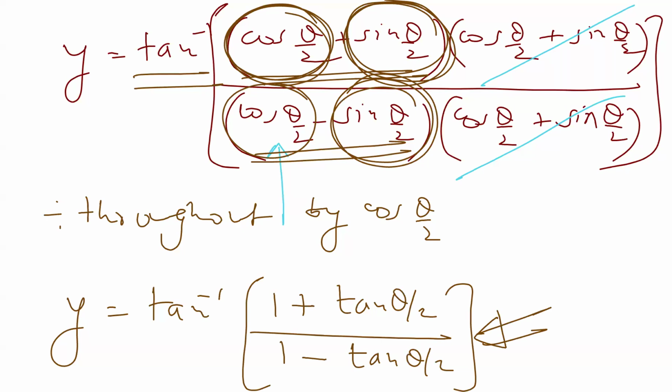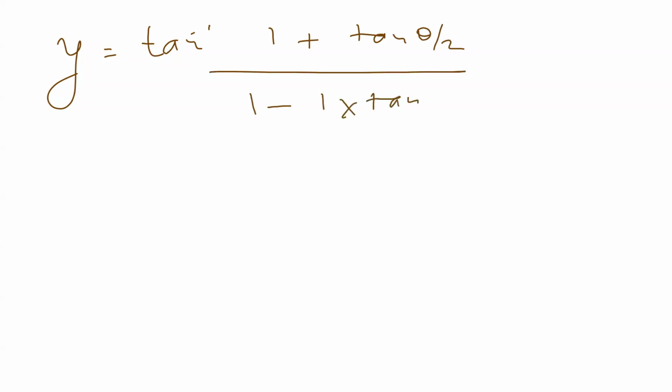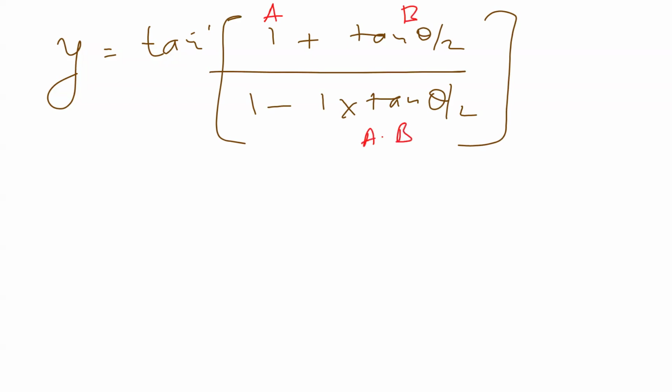So now y is equal to tan inverse of (1 plus tan theta by 2) upon (1 minus 1 into tan theta by 2). Okay, so this will be A, this is B, and this is A into B, right?